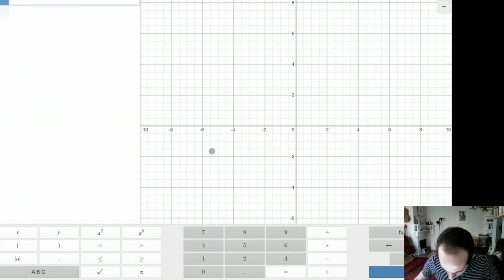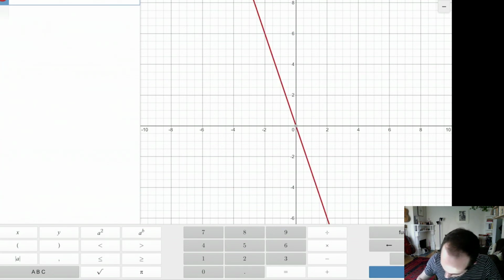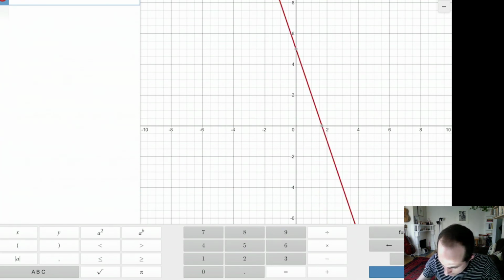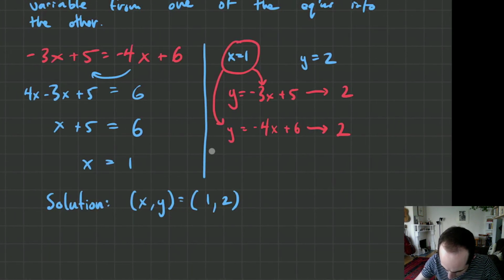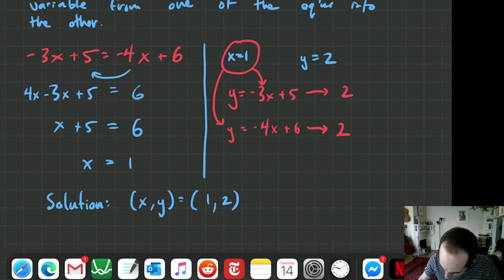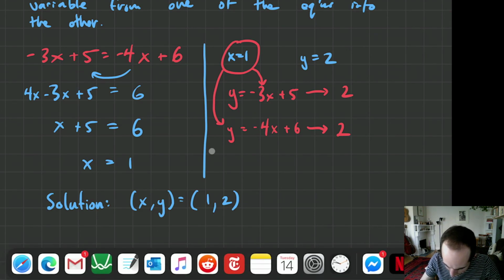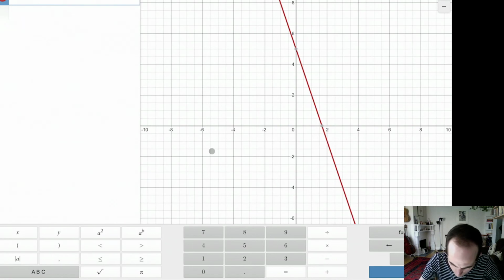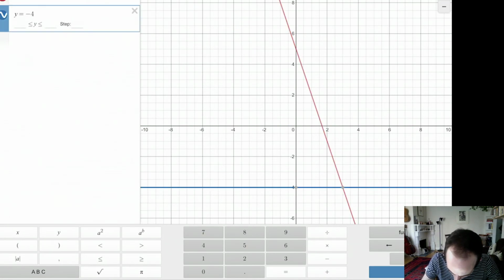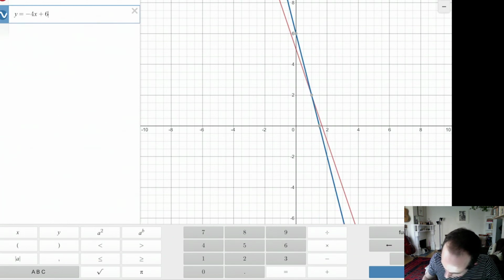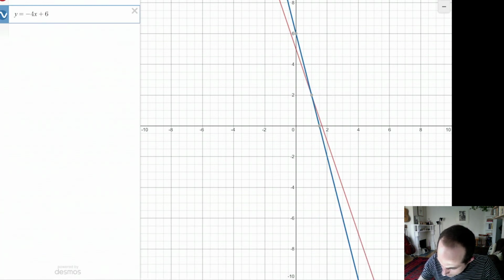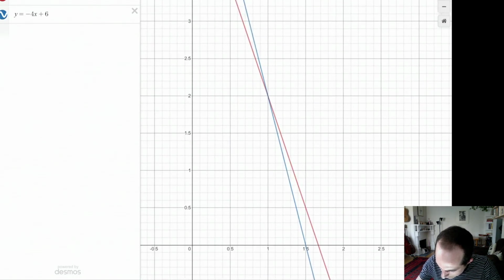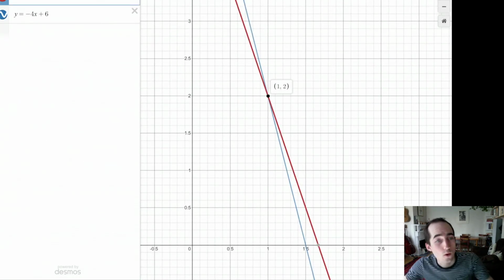And the other one is y equals negative 4x plus 6. And there you can see they intersect at the point 1 comma 2.